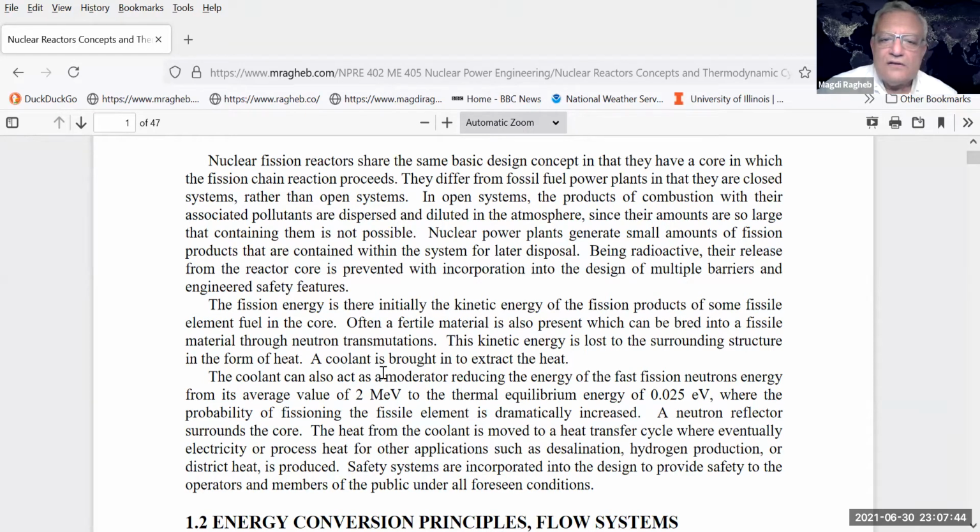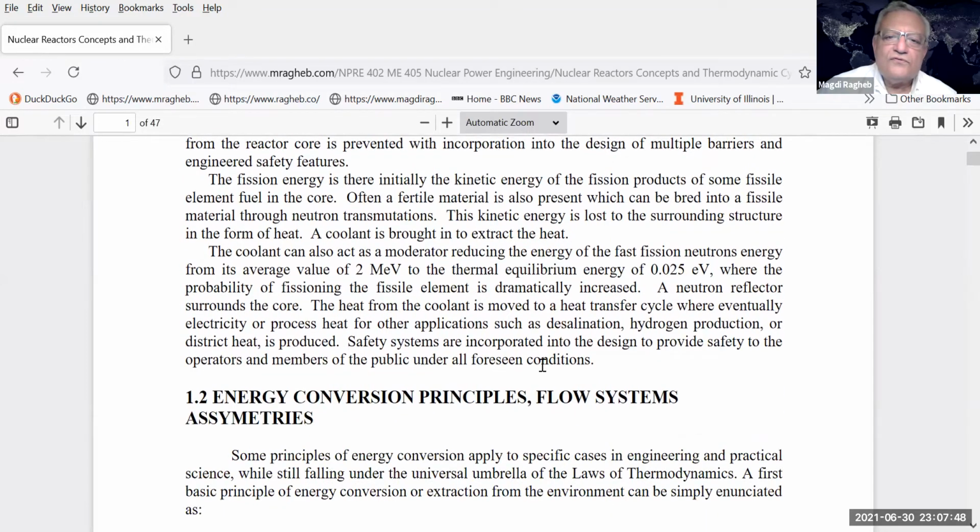So the coolant acts doubly as a moderator and as a coolant. It reduces the energy of neutrons born in fission from 2 million electron volts to 0.025 electron volts, which we named earlier the kT neutrons, k being the Boltzmann constant and T the temperature in kelvins.